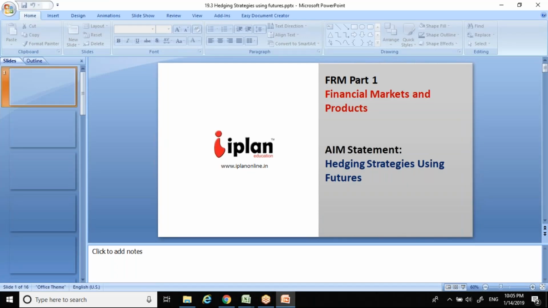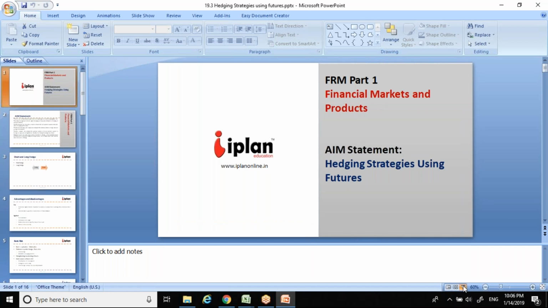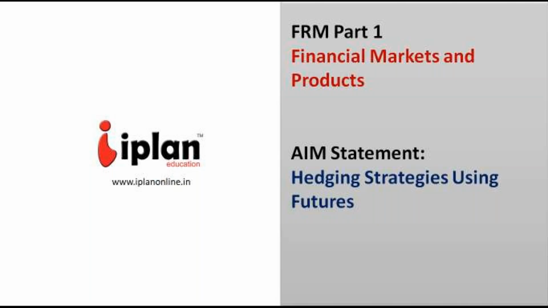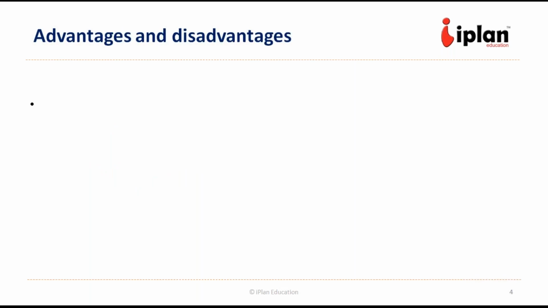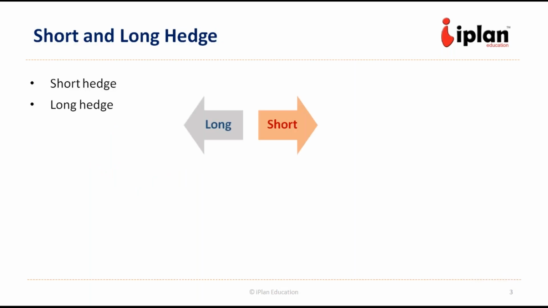So we have two types of hedge normally. We have a long hedge and we have a short hedge. So what is a long hedge and what is a short hedge? Very simple. When you are in a long position, you short sell your position, or you hedge your position. And if you are already in a short position, you go long on your position and hedge your contract, your trade. So this is about short hedge and long hedge.